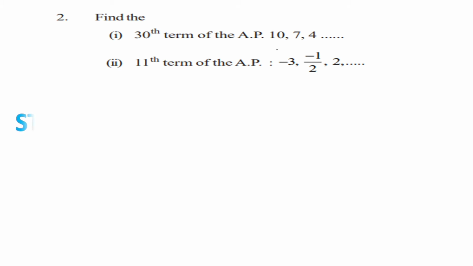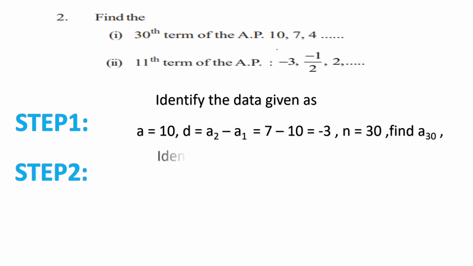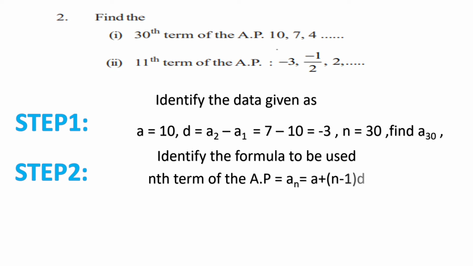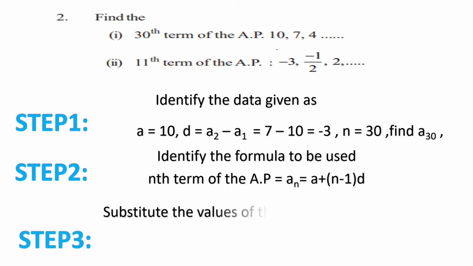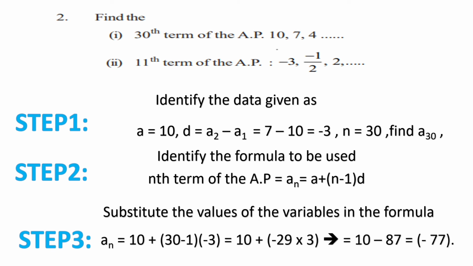Now coming on to the next one, here we need to find the 30th term of the AP which is given here. That is, A is considered as 10 and we need to find the common difference by the formula A2 minus A1, which will be equal to 7 minus 10, which results in minus 3. That is, the common difference is minus 3. And for the 30th term, the value of n will be 30.